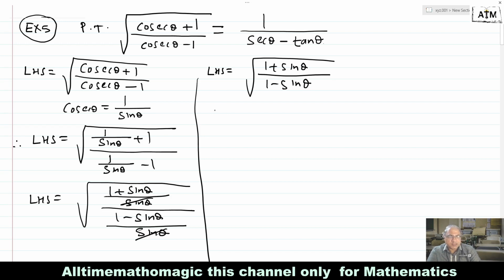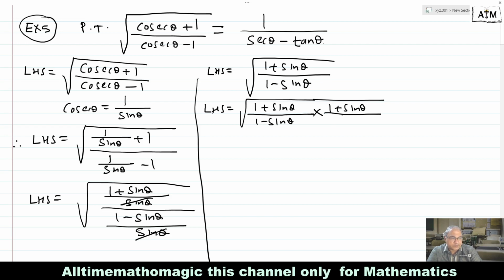Now, as we did in the earlier case, multiplying and dividing by 1 plus sin theta. So this equals 1 plus sin theta whole square upon 1 minus sin square theta.